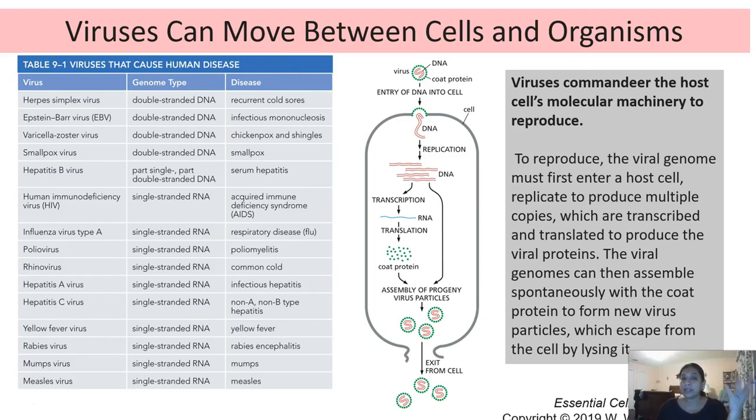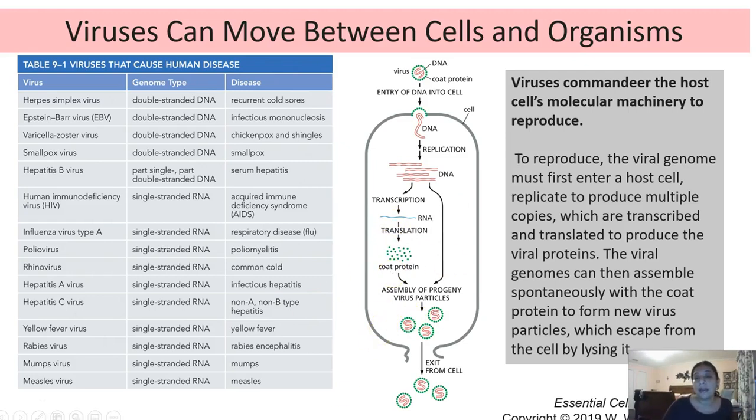Once it is transcribed into RNAs, those RNAs are going to be translated using the ribosomes from the infected cell. The viral mRNAs, when translated, will be made into the proteins that are components of the virus.